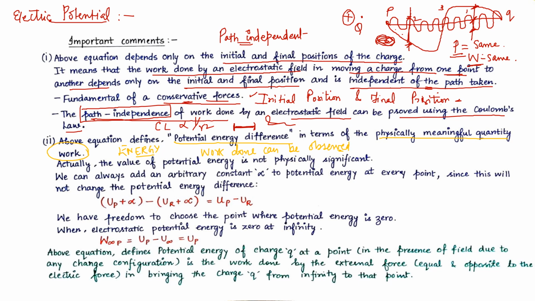So it is a physically significant, physically meaningful quantity. So we can define this potential energy with the physically meaningful quantity such as work for electrostatic forces as well as all the other conservative forces.